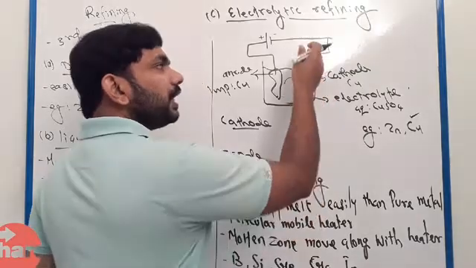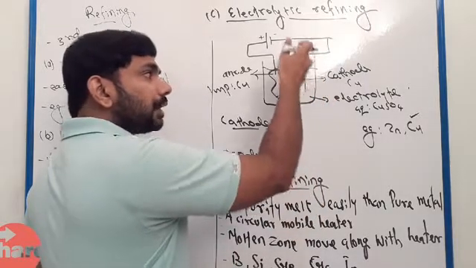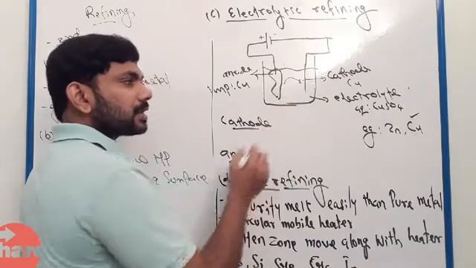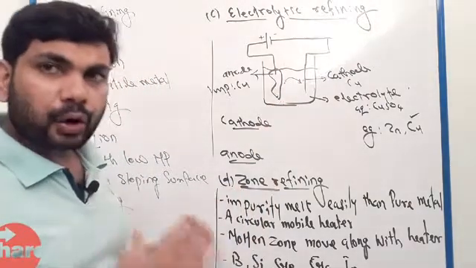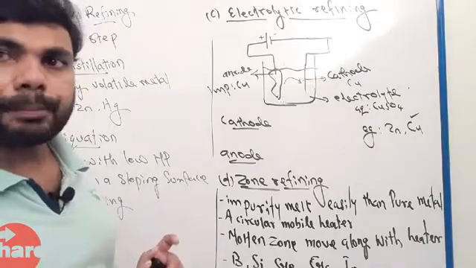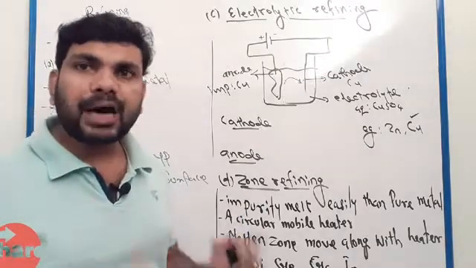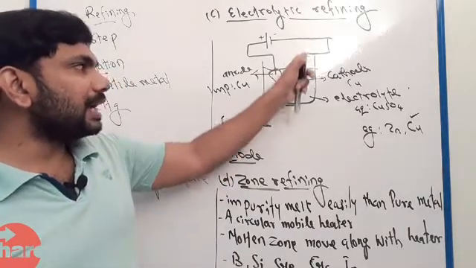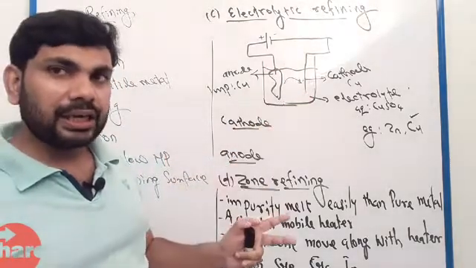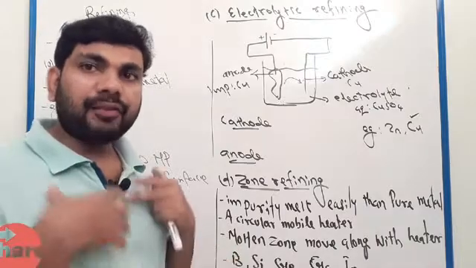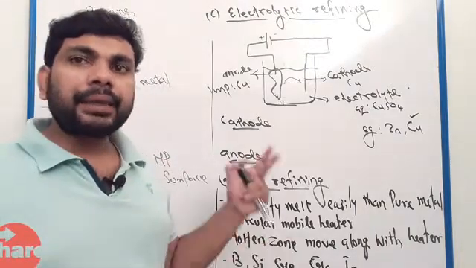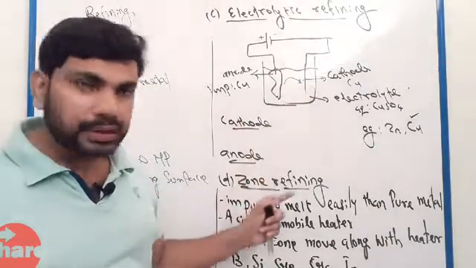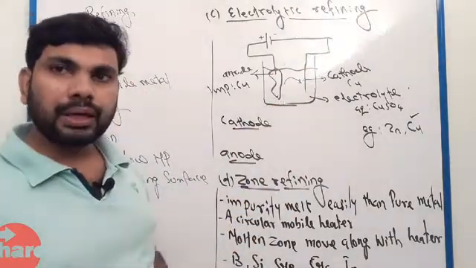Finally, you will get a big piece of pure copper on the cathode, and impurities will settle down in the solution. You understand?